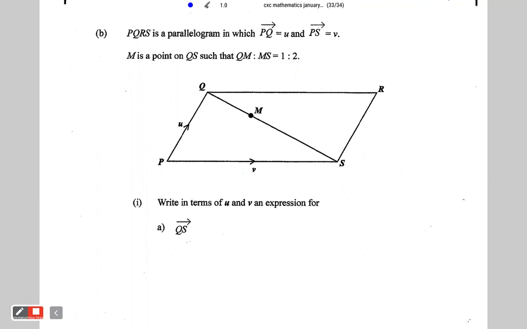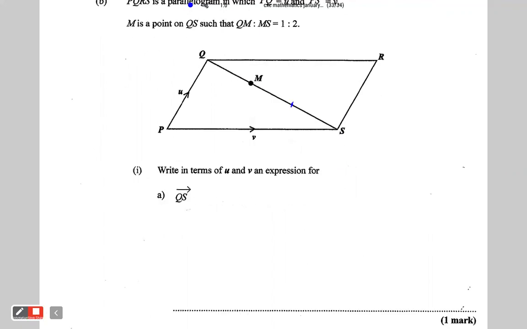It's almost as if the entire line QS is divided into 3 parts. QM is 1 part of the 3, and MS is 2 parts of the 3. The first thing we're asked to do is to write in terms of U and V an expression for QS.